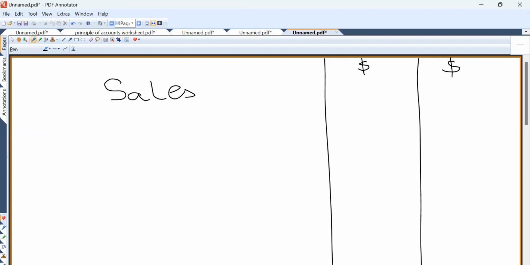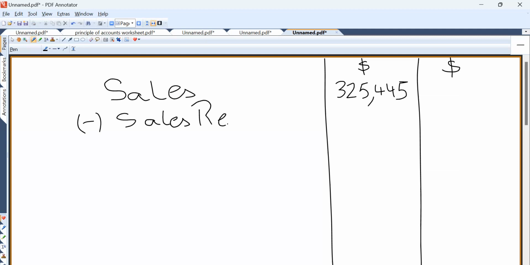The value of sales we have just seen is 325,445. Then we will subtract sales return, which is 2,405.